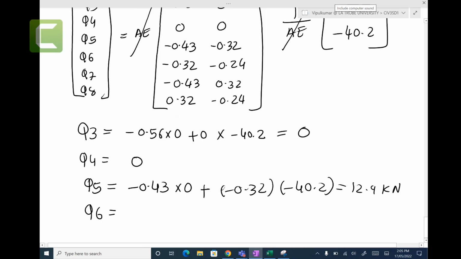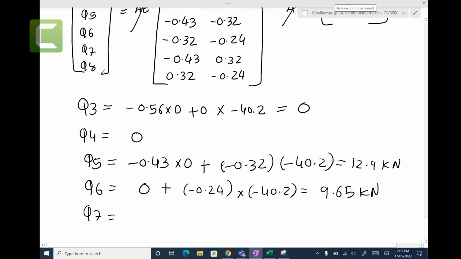Q6, this is 0 plus 0.24 times minus 40.2, which is 9.65.